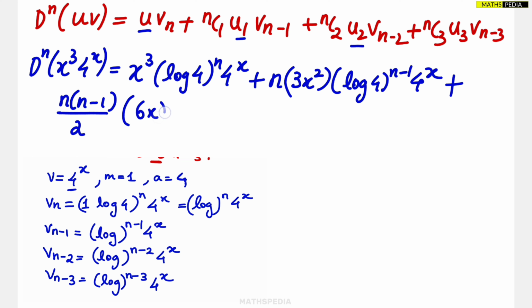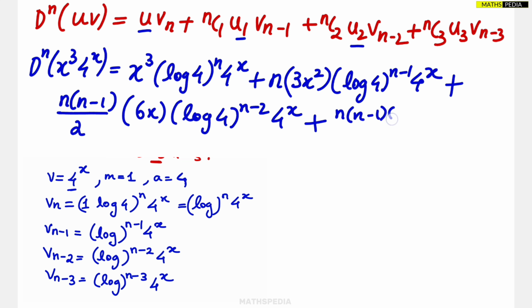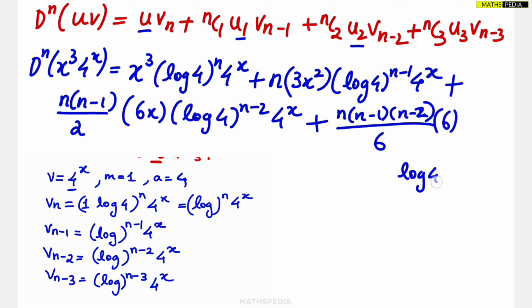Second differentiation, 6x we got. vn minus 2 is log 4 power n minus 2 into 4 power x, plus nc3 value is n into n minus 1 into n minus 2 whole divided by 3 factorial, which is 3 into 2 into 1, right? 3 factorial means 3 into 2 into 1, which is 6, into u3 value is 6, and this one will be vn minus 3, log 4 power n minus 3 into 4 power x. Okay, this is the final answer we are getting.